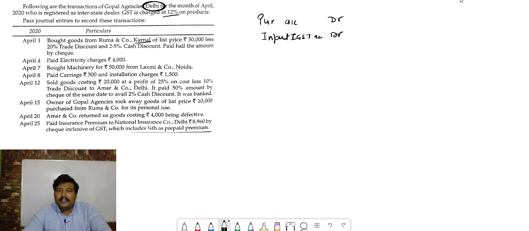So purchase account debit, input IGST account debit, to bank, whatever cash we are paying. Always use the word bank in GST transactions. And we receive the discount, so to discount received, and still we have to pay to Ruma and Company.